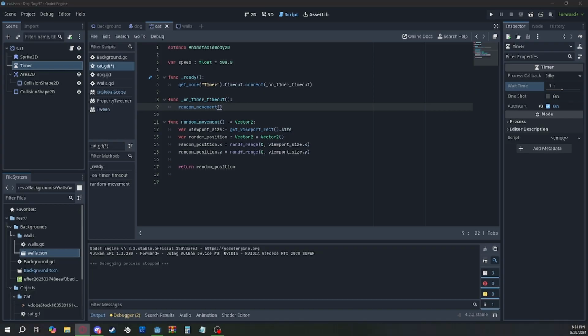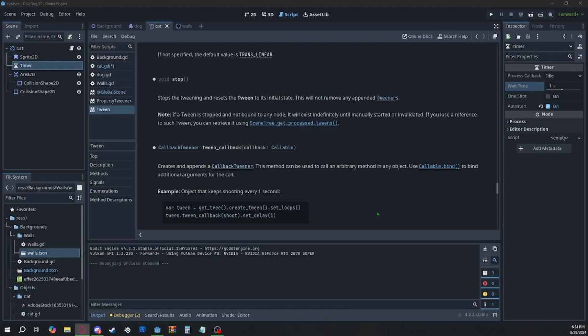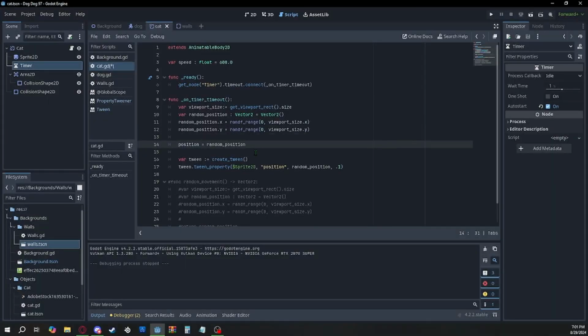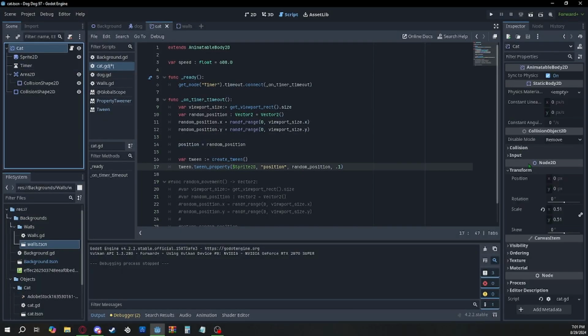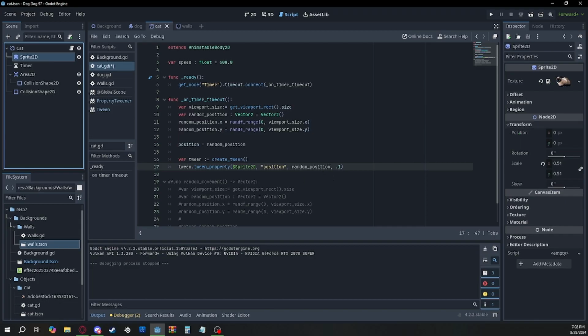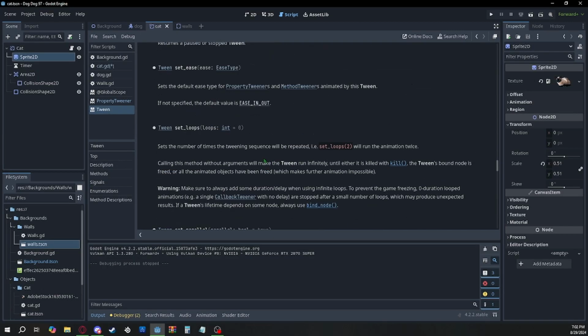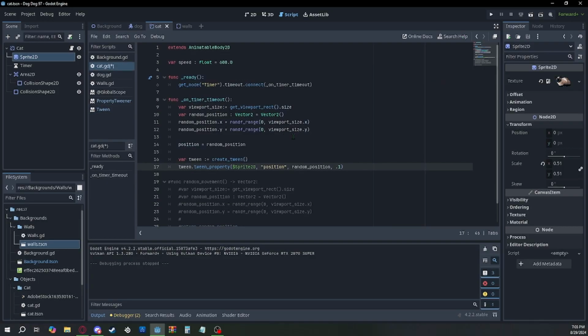So what we did here is we just made the cat slide to the next position. It chooses a random direction and it moves there at a certain speed that becomes its velocity, and that is it.